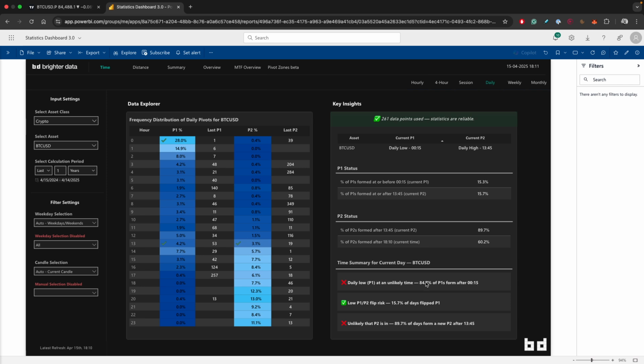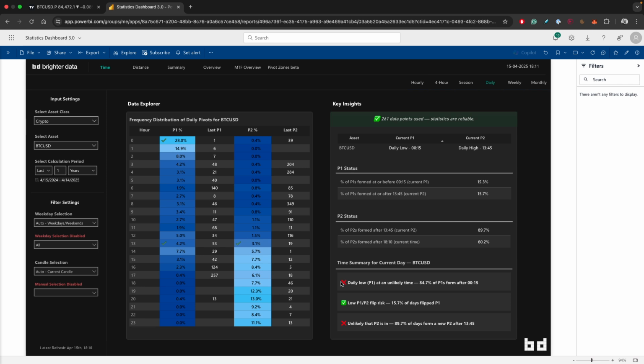So we have that P1 at the start of the daily open, more or less. And what we can see is that 84.7% of the time, the day puts in a P1 later than 0015. So what this is immediately indicating is that this is an unlikely low or unlikely P1.